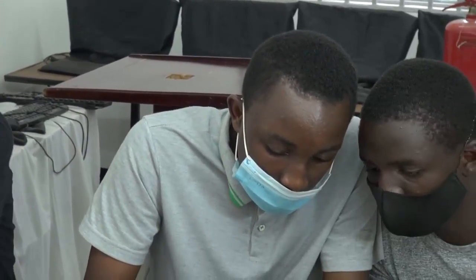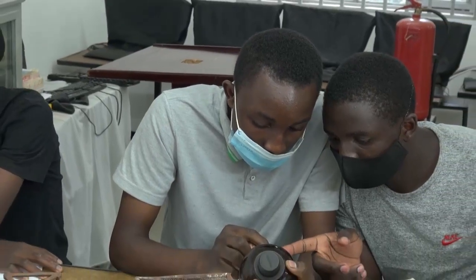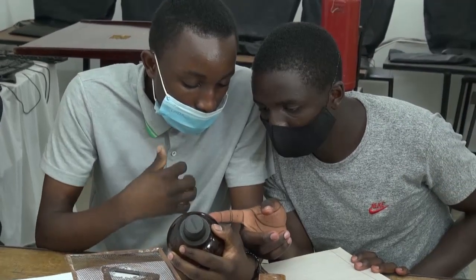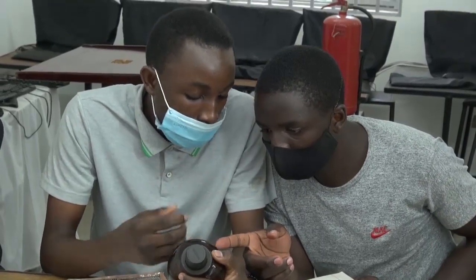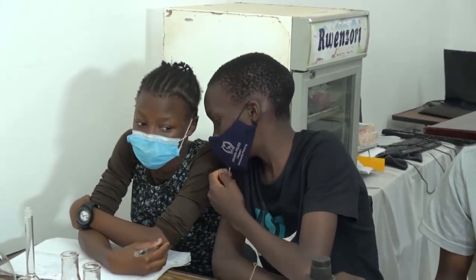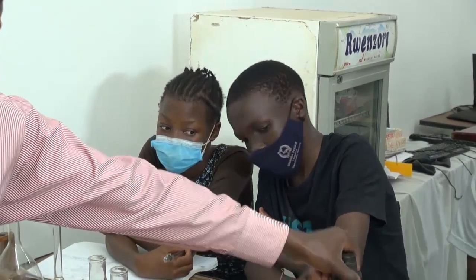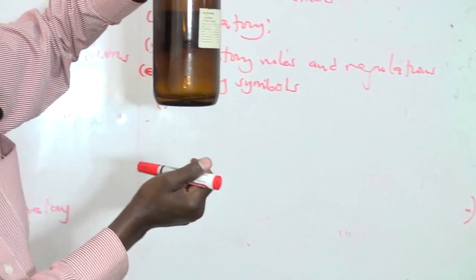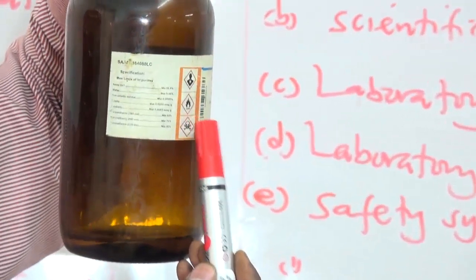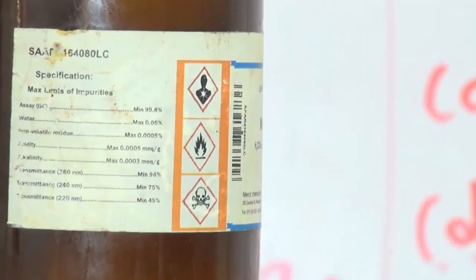I want answers on the safety symbols. Okay, now let me receive answers. Yes, Patience, which symbol are you talking about? The second one and the third one. The second, what does it mean? Highly flammable.